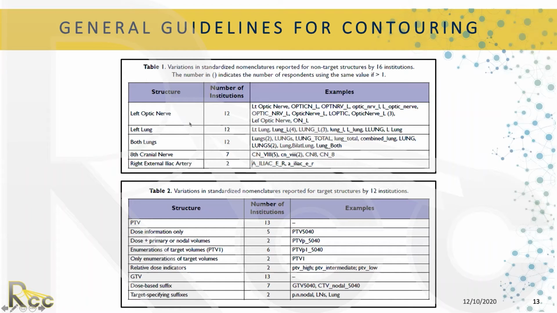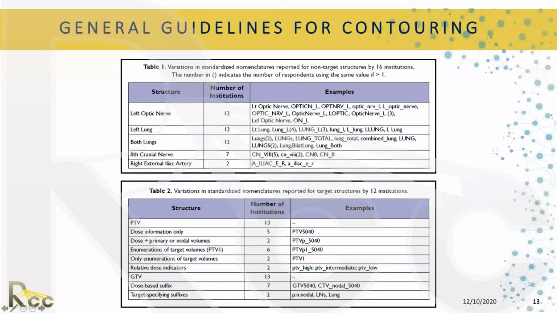For example, for the left optic nerve, 12 institutions replied, and you can see how the optic nerves are being called by many of the people. If you just have ON_L, yes, you might know that it's the optic nerve left, but sometimes it can be ambiguous. And you can see the big variety. Same thing for the lungs and so on.